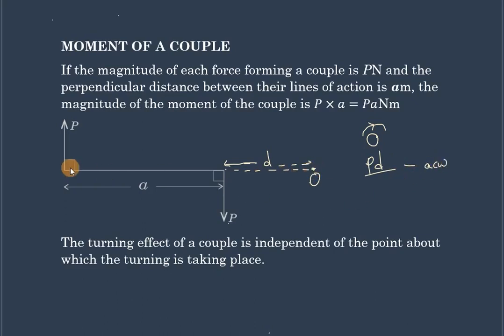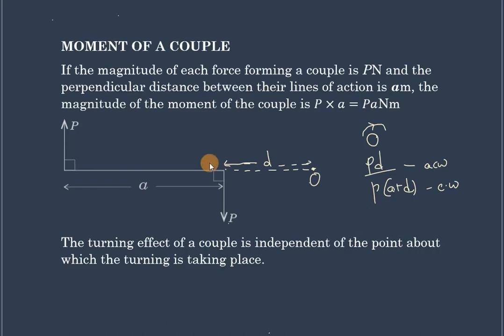Then the moment of this force P about O is P into A plus D, and this force is clockwise. If I want to get the moment, I should take the sum of the moments about O.